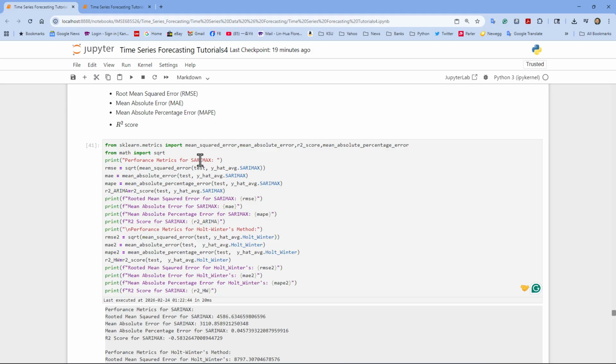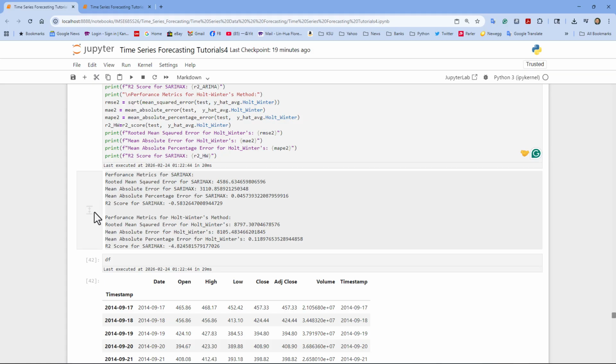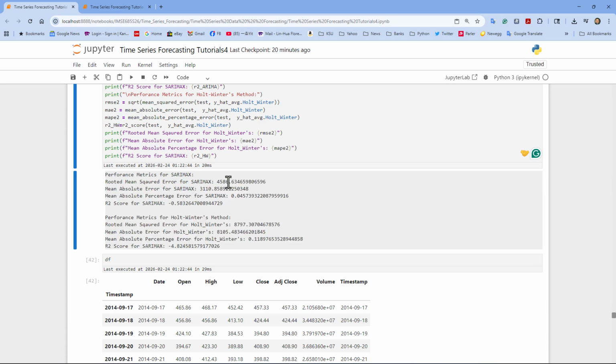So here I have the SARIMAX model and the Holt-Winters method results printed out. You see that the SARIMAX model gives a better root mean square error and overall better performance. So 4,500 compared to 8,800 in the root mean square error.